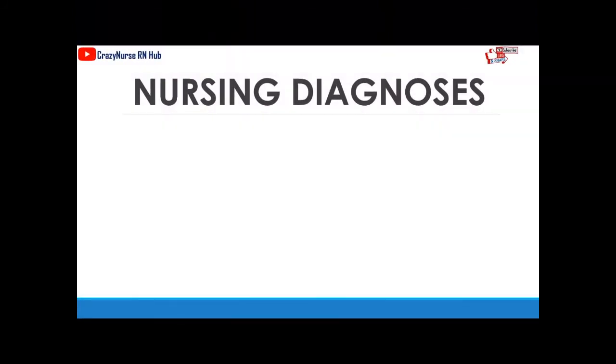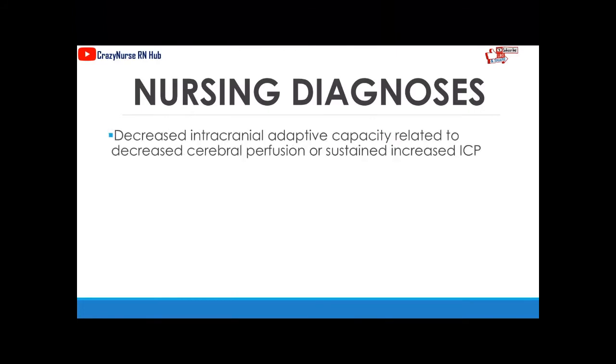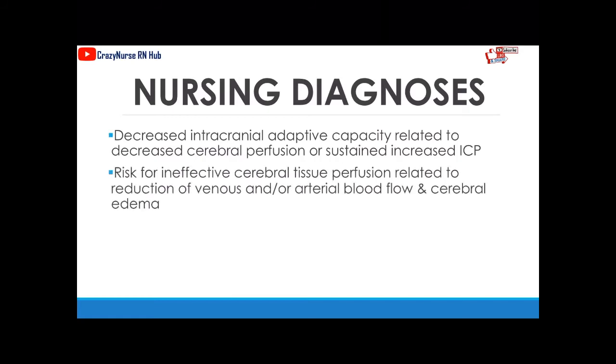Now let's have the nursing diagnosis. First, we have here decreased intracranial adaptive capacity related to decreased cerebral perfusion or sustained increased ICP. Next, we have risk for ineffective cerebral tissue perfusion related to reduction of venous and or arterial blood flow and cerebral edema.